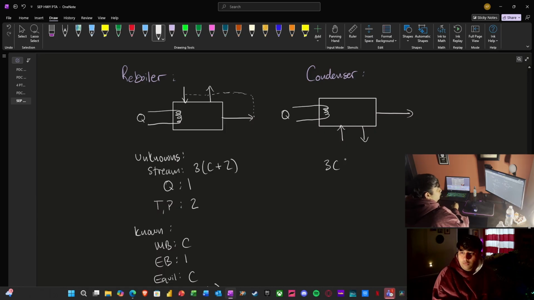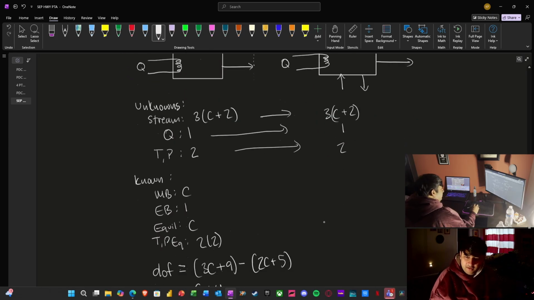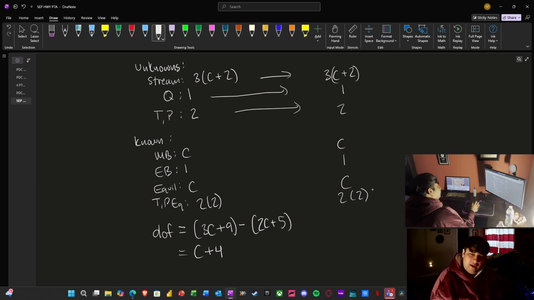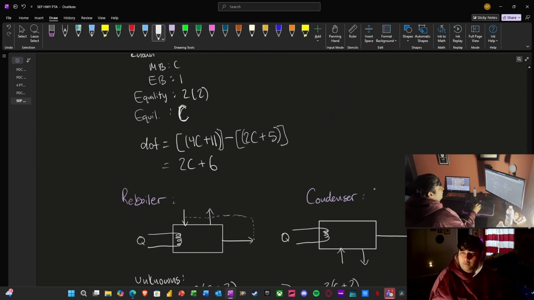So I'm going to have our 3C plus 2 with our heat exchange being 1, our TP being 2, our material balance is also C, and our energy balance is 1, with our equilibrium being C, and then our temperature pressure equality is 2 times 2. So what we're left with is the exact same equation of C plus 4 for our condenser.